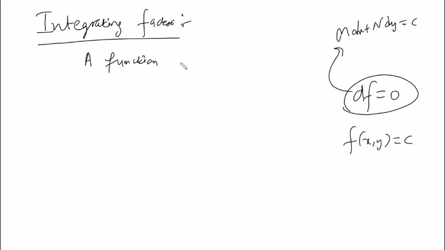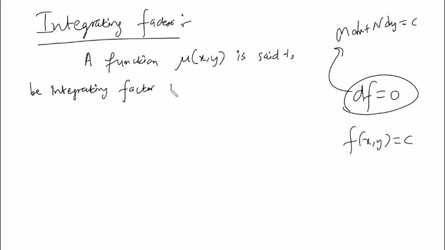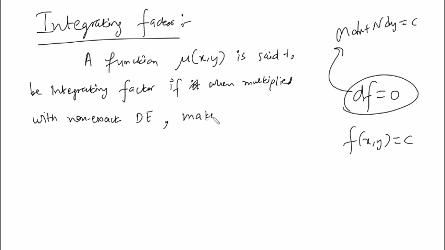So a function mu(x,y) is said to be an integrating factor if, when multiplied with a non-exact differential equation, it makes it exact or integrable. The English is not that perfect, but I hope you understood the meaning.